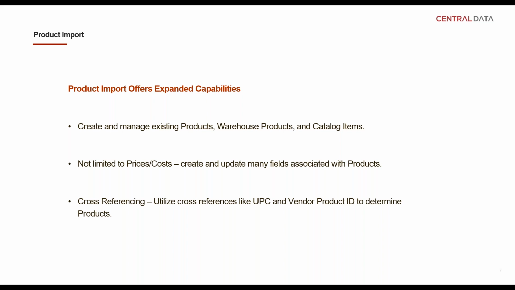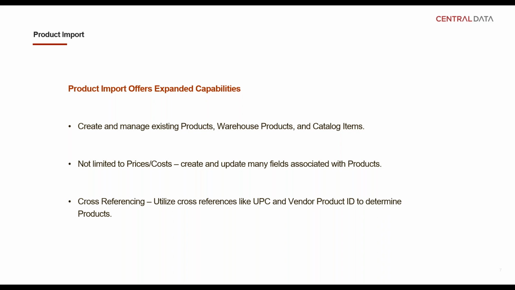Product import was built on the structure of supplier link, if you're familiar with that. And product import allows you to create and manage existing products. So ICSP, warehouse products, ICSW, and then even catalog items, ICSC. So you can really hit all of your product information utilizing product import. It's not limited to prices and costs with the tool that we just talked about.